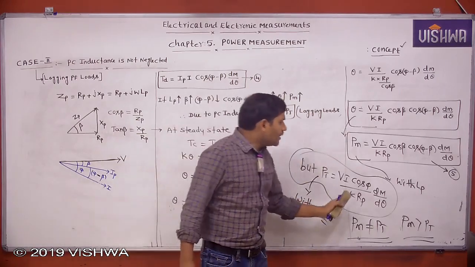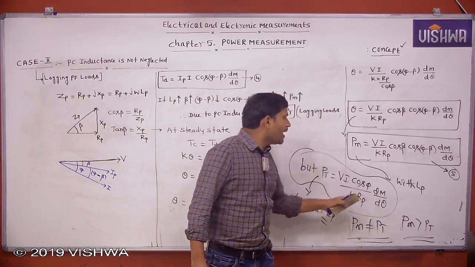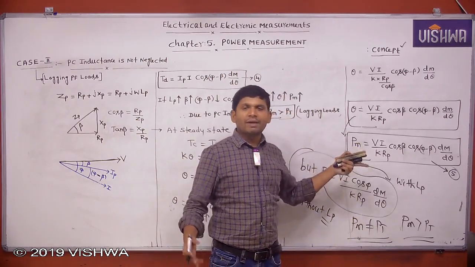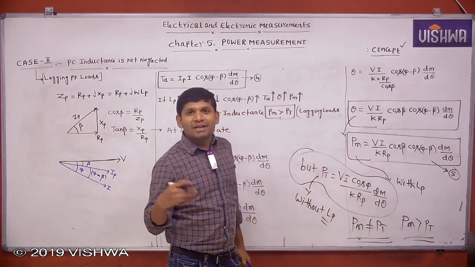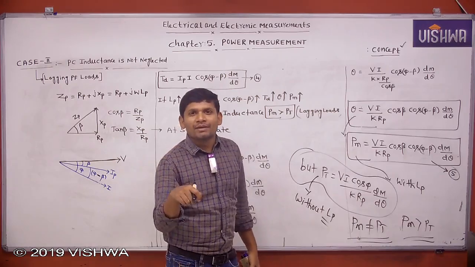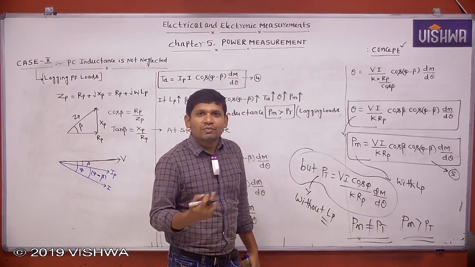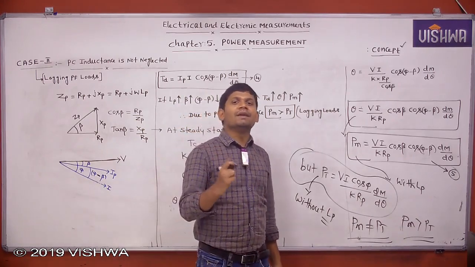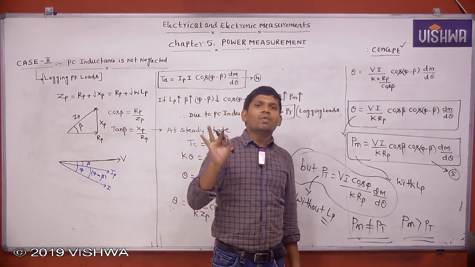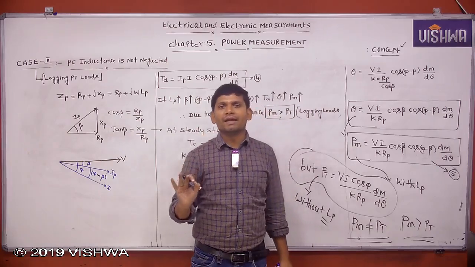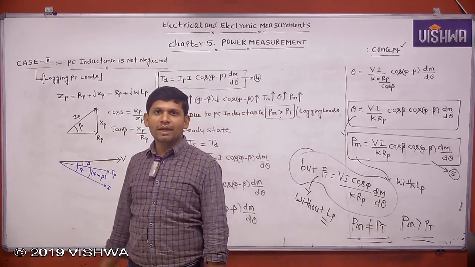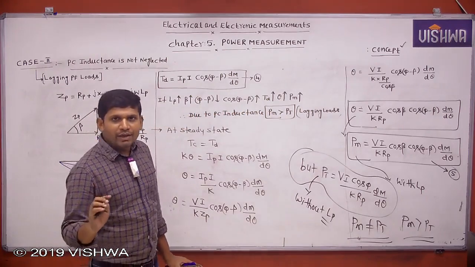Now, measured power is not equal to true power because of which inductance? Pressure coil inductance. If the measured power is not equal to true power, there is some error in the power measurement. That error is due to pressure coil inductance. Now I want to calculate the error due to pressure coil inductance. Clear?